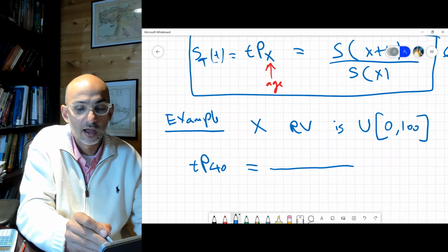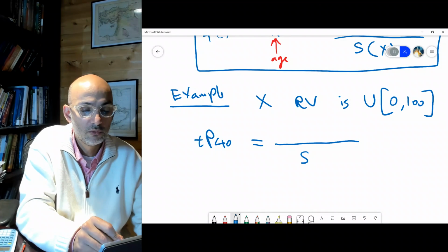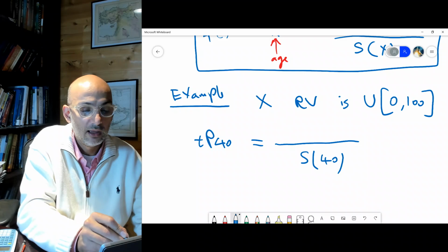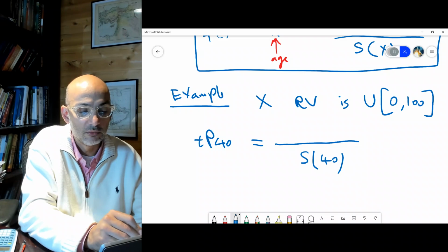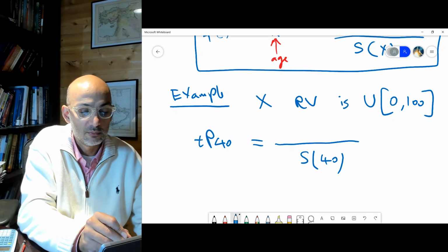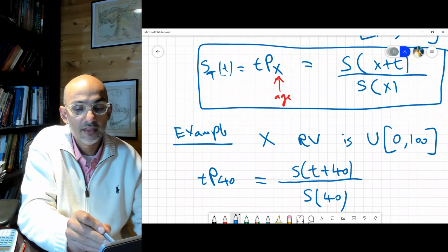But we know the formula, so we move from tp40 to our old S of x, but our x now is 40, survive to 40, and now in tp40 the new variable is t, it's not x. x has become like a constant. So it becomes now S of t plus 40, right? I applied the definition here, right?